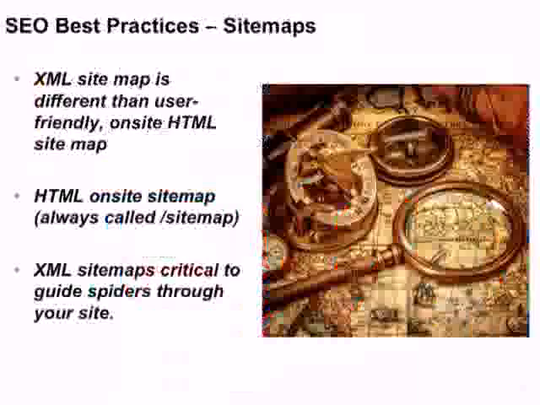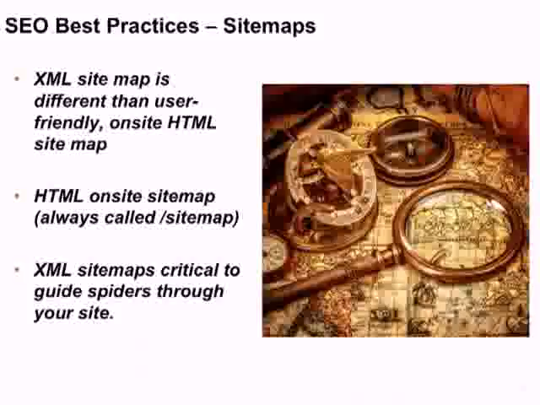Now it's important to note that the XML sitemap is different from the user-friendly on-site HTML sitemap. I mentioned that you always want to have it at /sitemap, and then the XML sitemap you actually submit directly to Google. And both of these things are going to help to give Google some very strong signals as to the information architecture, the hierarchy, what level in that pyramid the page within your domain is located.